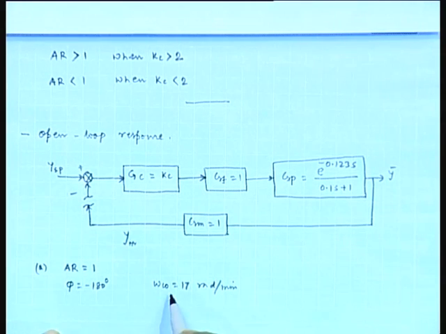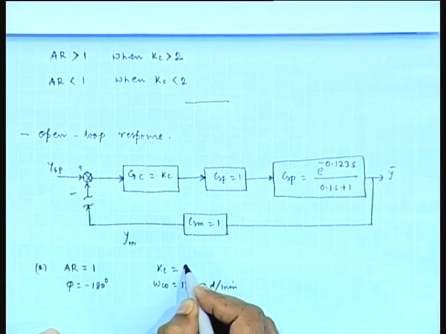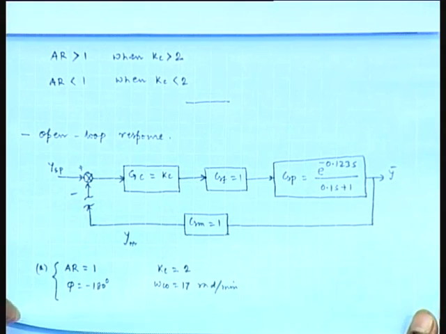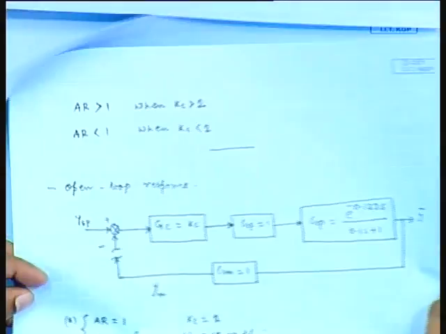Now, at this crossover frequency, we obtain K C equal to 2 at amplitude ratio equals 1. So, this is our first consideration, amplitude ratio equal to 1 and phi equal to minus 180 degree.